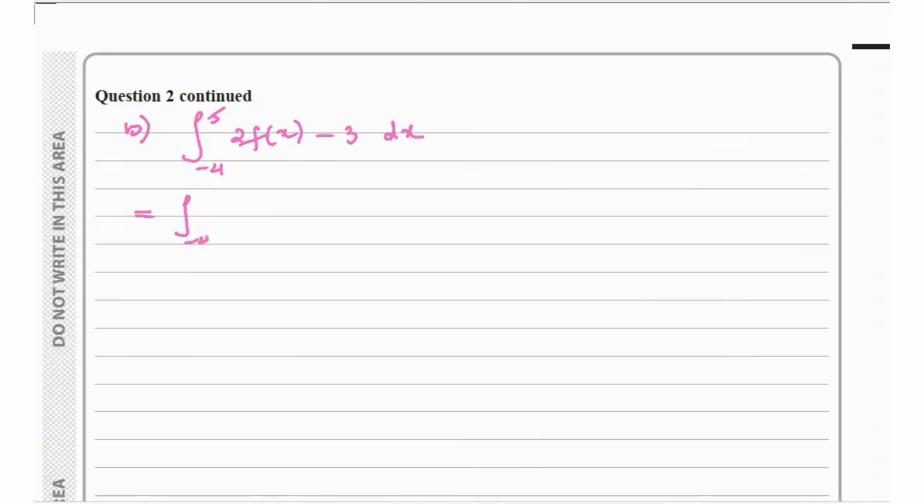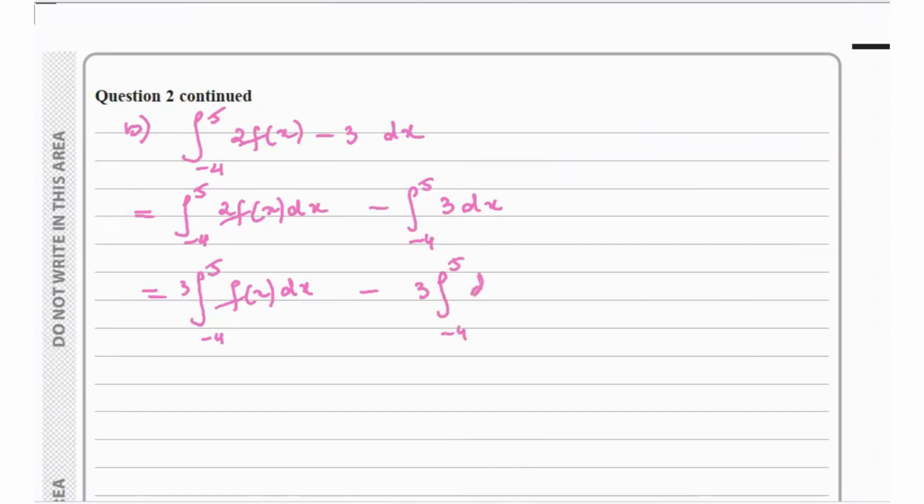From -4 to 5, it's 2f(x) dx minus the integral from -4 to 5 of 3 dx. So 2 outside, the integral from -4 to 5 of f(x) dx, minus 3 times the integral from -4 to 5 of dx.